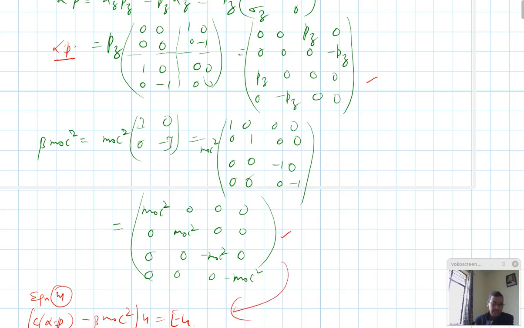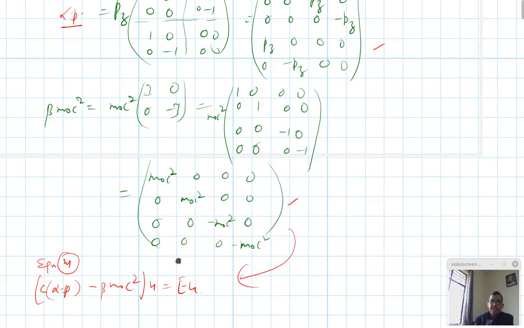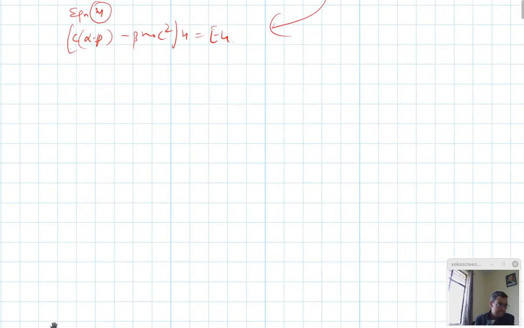If I put these two here, then I can write down that it is c 0 0 pz, 0 0 0 0 minus pz, 0 0 0 0 minus pz 0 0, right?